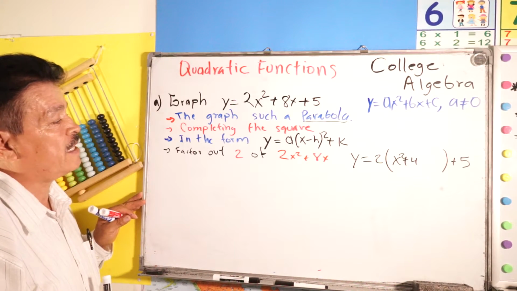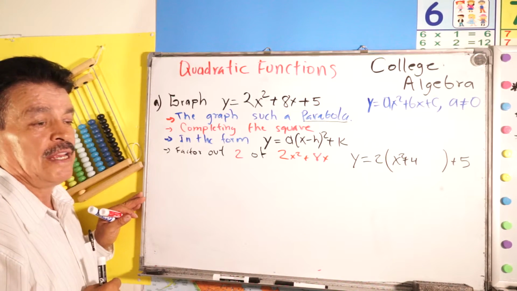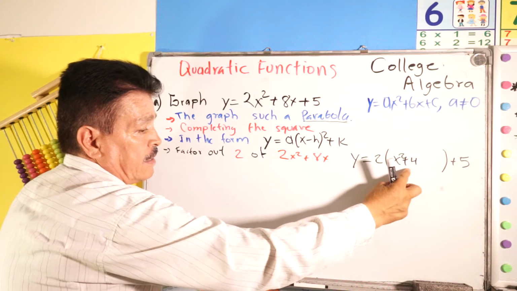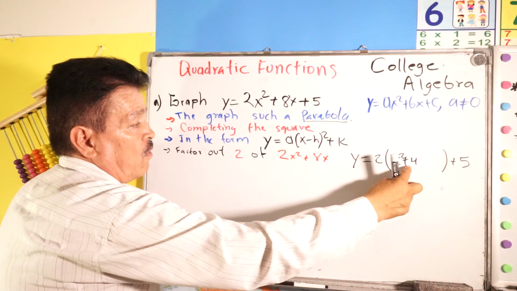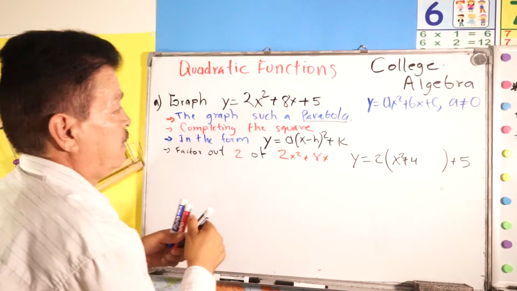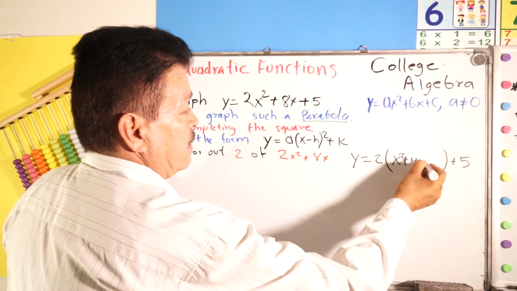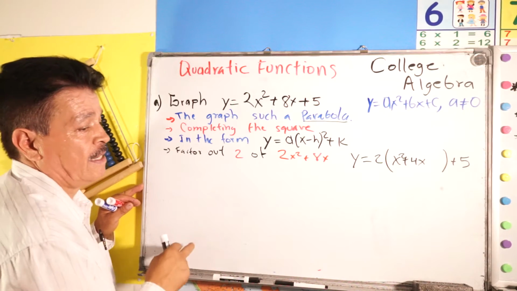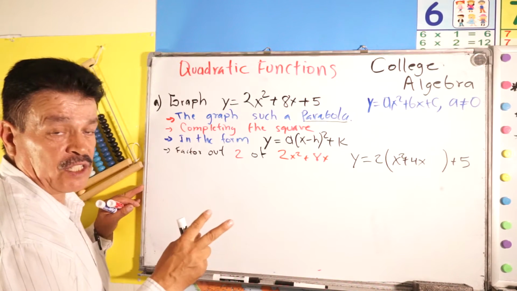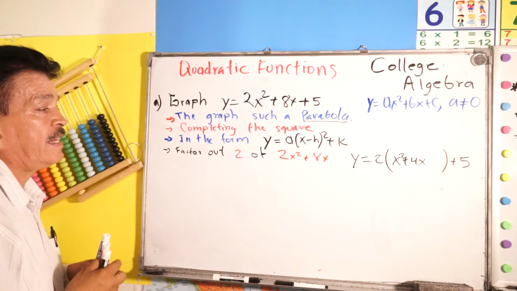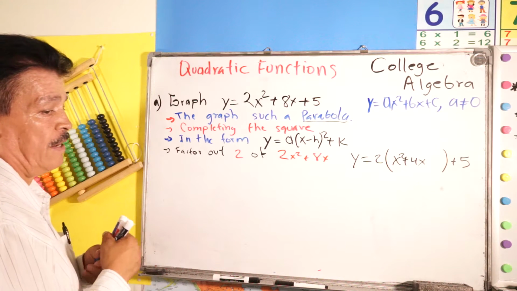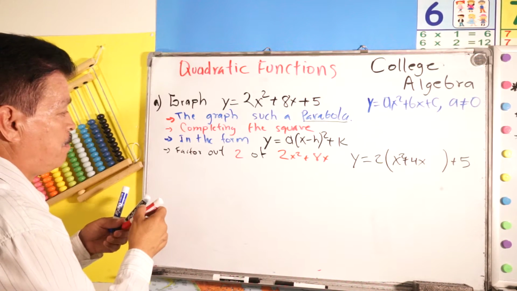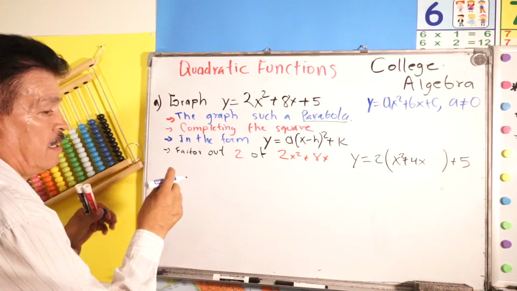Okay, now convert the expression in parentheses, x squared plus 4x, into a perfect square. So now we go to the perfect square.